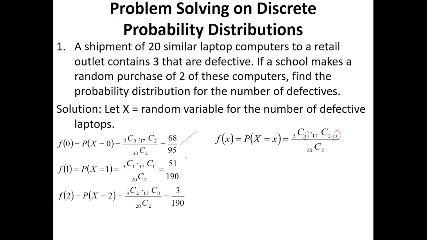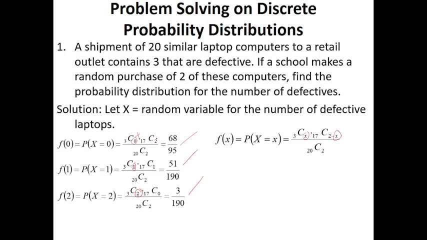Considering the three probabilities, this is x: we start with 0 defective laptops, followed by 1 defective laptop, followed by 2 defective laptops. So that is represented by x.